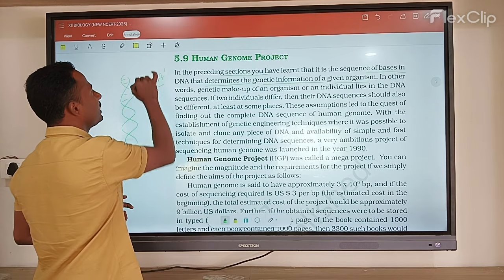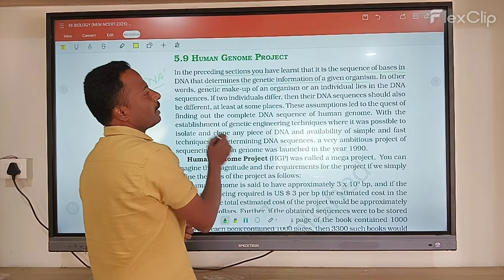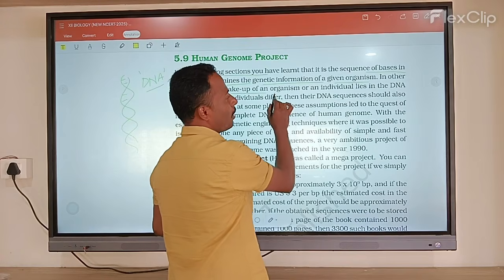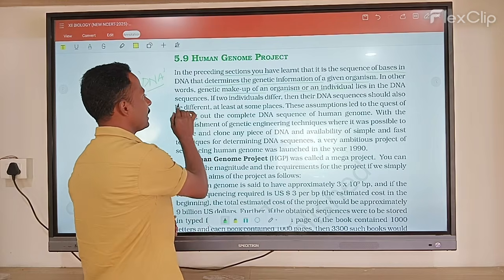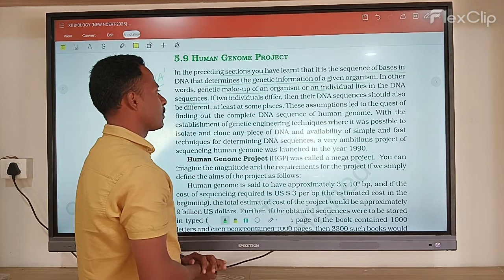The DNA is arranged in a sequence. In other words, the genetic makeup of any organism or individual lies in the DNA sequence, and the total DNA is arranged completely in a sequence.